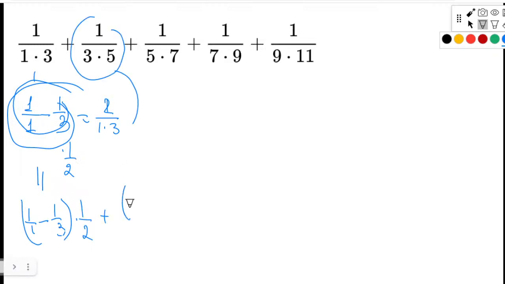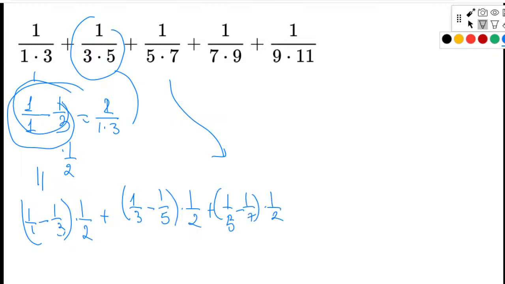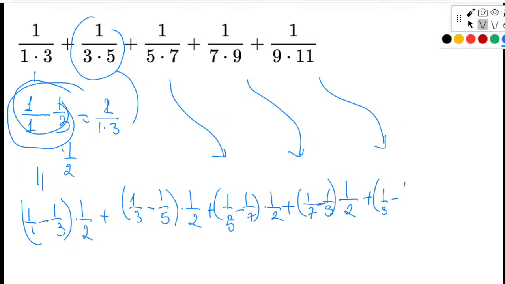Plus 1 over 3 minus 1 over 5 multiplied by 1 over 2, plus 1 over 5 minus 1 over 7 multiplied by 1 over 2, plus 1 over 7 minus 1 over 9 multiplied by 1 over 2, plus 1 over 9 minus 1 over 11 multiplied by 1 over 2.